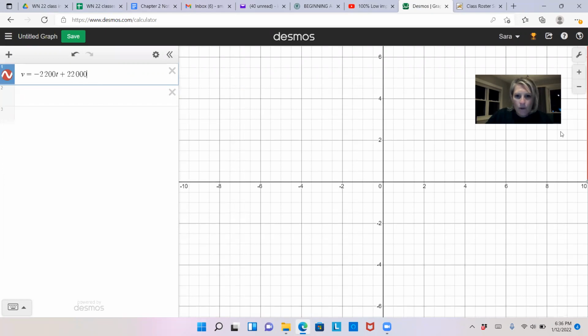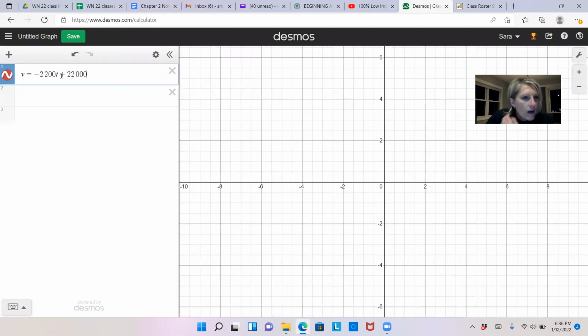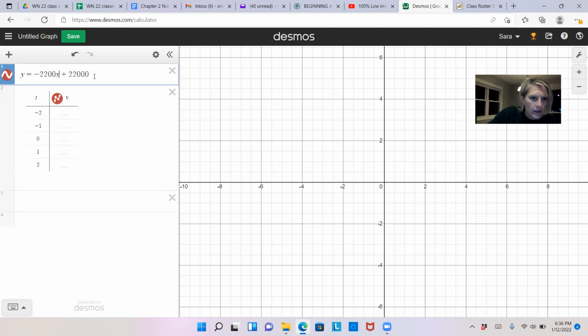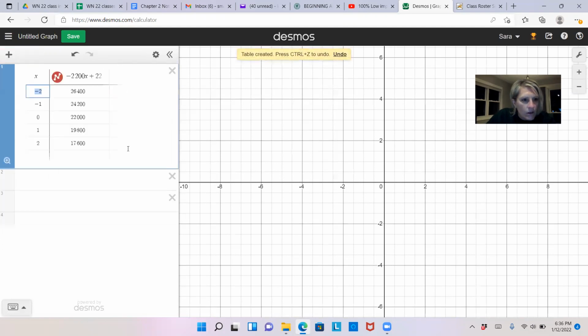And notice when I put it in, we don't see the graph here. And that's because of the scaling. So I am going to turn that on. And then it doesn't like T and V, so I'm going to do X and Y just so it likes that, instead of T and V. So it should create a table.